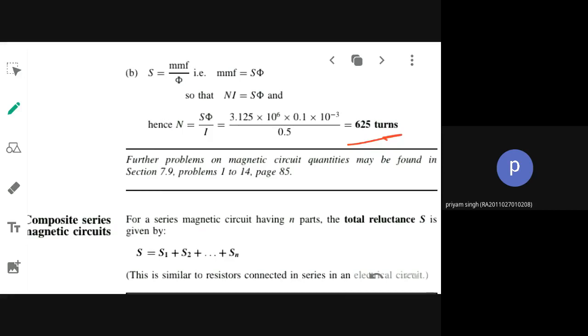What about Karthik? Mohammad Tafiq? Dhanush? Got 625.